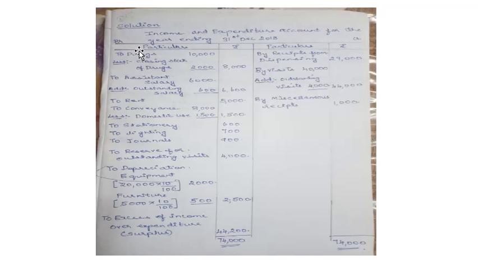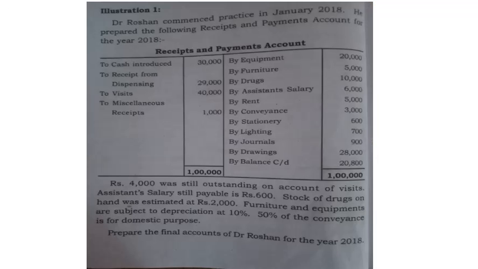I'll repeat again, this is the expenditure side and this is the income side. On the expenditure side, you will write all the expenses, that is the credit here, and the income side is the debit. Now first we will see the expenditure side.